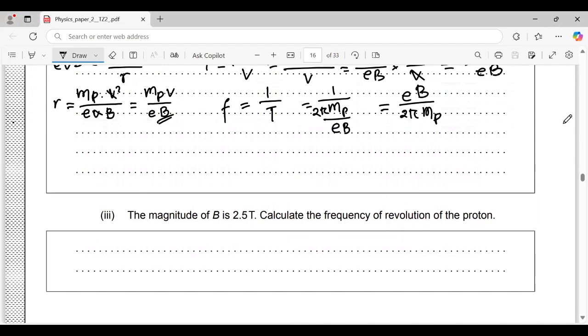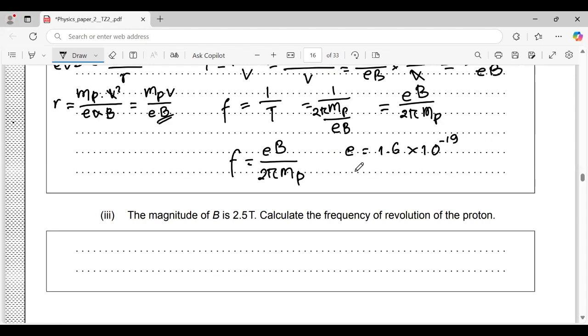I will use the formula that frequency equals eB over 2 pi mp. e is the charge of the proton, which is 1.6 times 10 power minus 19.